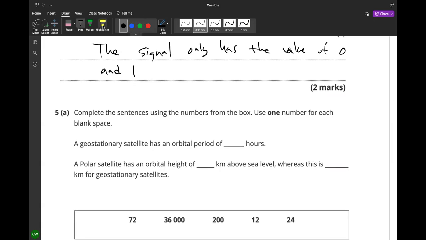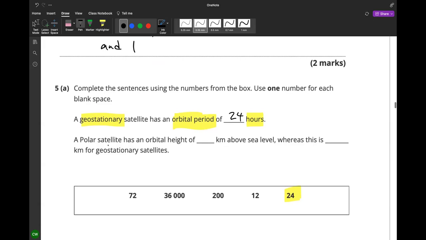Geostationary satellite, what is the period? How many hours to go one round? Orbital period? 24 hours. Polar satellite has a height of how high? Can you find it or not?